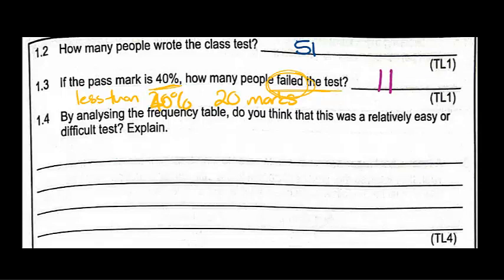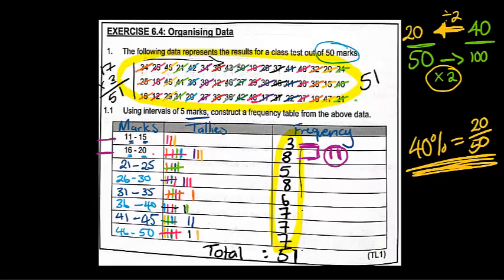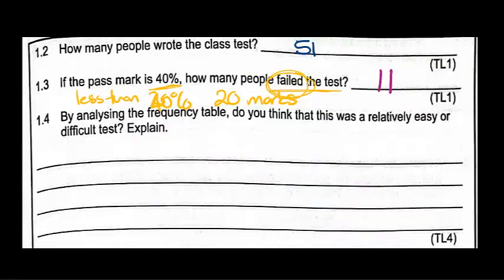Next question. By analyzing the frequency table, do you think that this was an easy or difficult test? Explain. Now let's have a look. When we're looking at this test, we're saying that 51 people wrote in total.